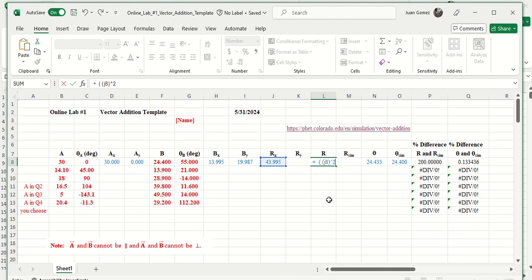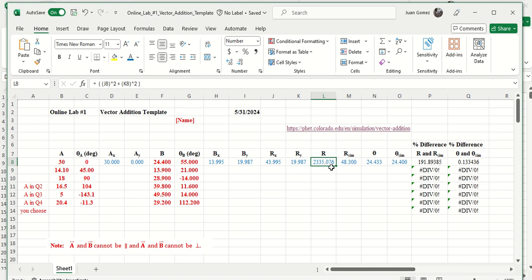That's Rx squared, space, plus, space, parenthesis, Ry squared, which is K8 squared, and then a space, and make sure you close off all your parentheses. Then let me hit check.